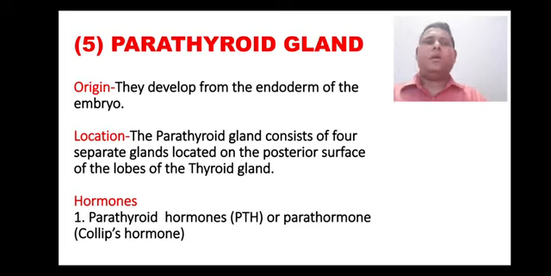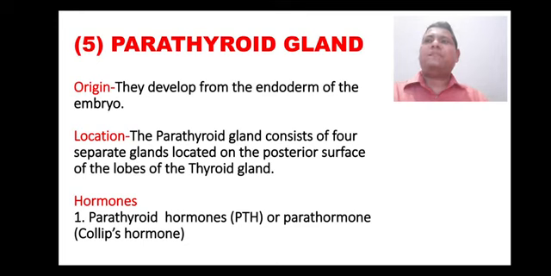Next endocrine gland, the parathyroid gland. The parathyroid gland develops from the ectoderm of the embryo. Location: the parathyroid glands consist of 4 separate glands located on the posterior surface of the lobes of the thyroid gland. Hormones of the parathyroid gland. Number 1, PTH, parathyroid hormone.